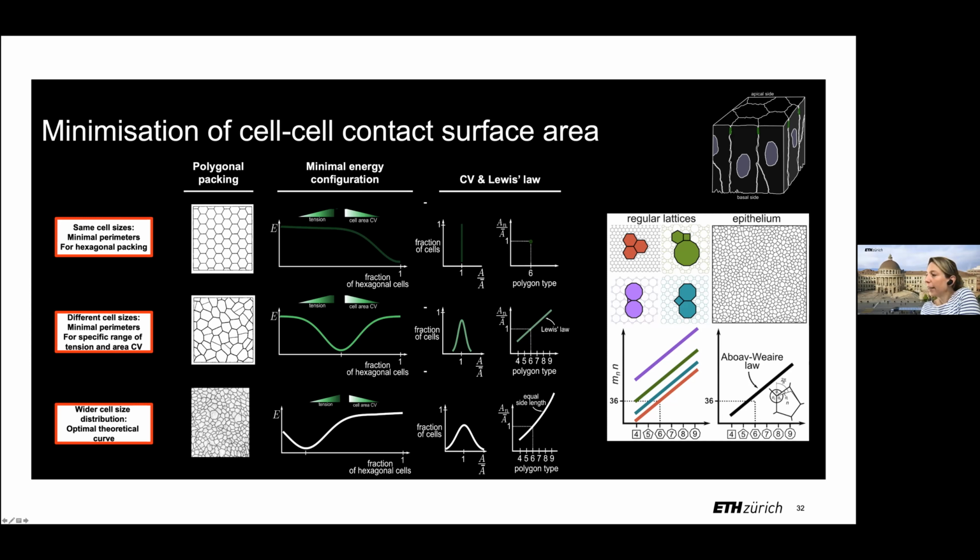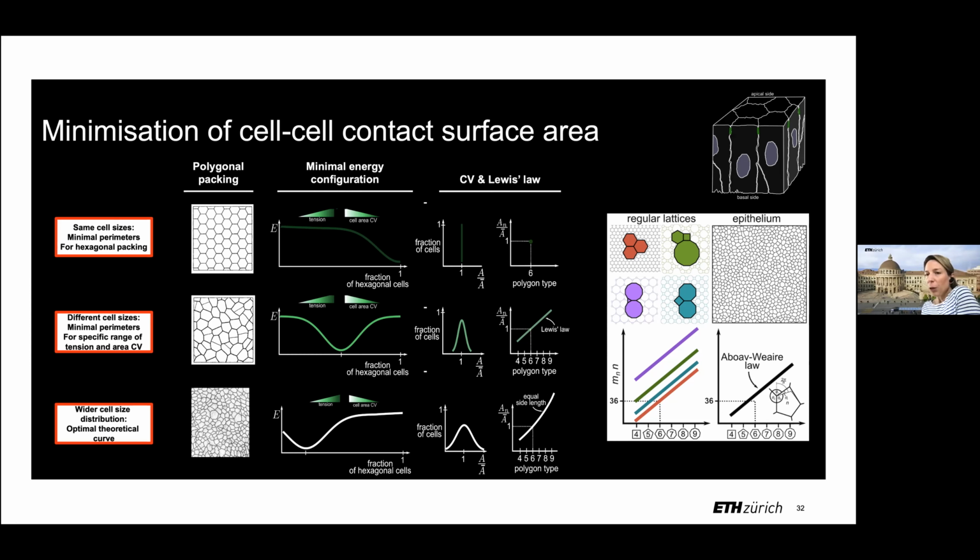And when I say energy, I mean that for the given cross-sectional areas that you have in each section here, you minimize the perimeter. And that would go from apical to basal: in each slice you would have an area distribution.